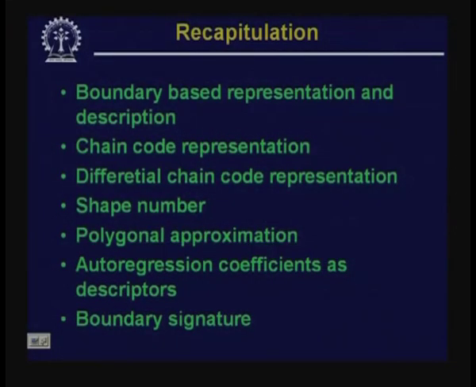Then we have discussed another boundary based representation technique, which is the polygonal approximation of the boundary. So, we have discussed various polygonal approximation techniques, how a given boundary can be represented by a polygon. Then we have talked about a particular description mechanism, that if we model the vertices or the corners of the polygon in the form of an autoregressive model of say order k, in that case we can form a set of linear equations.